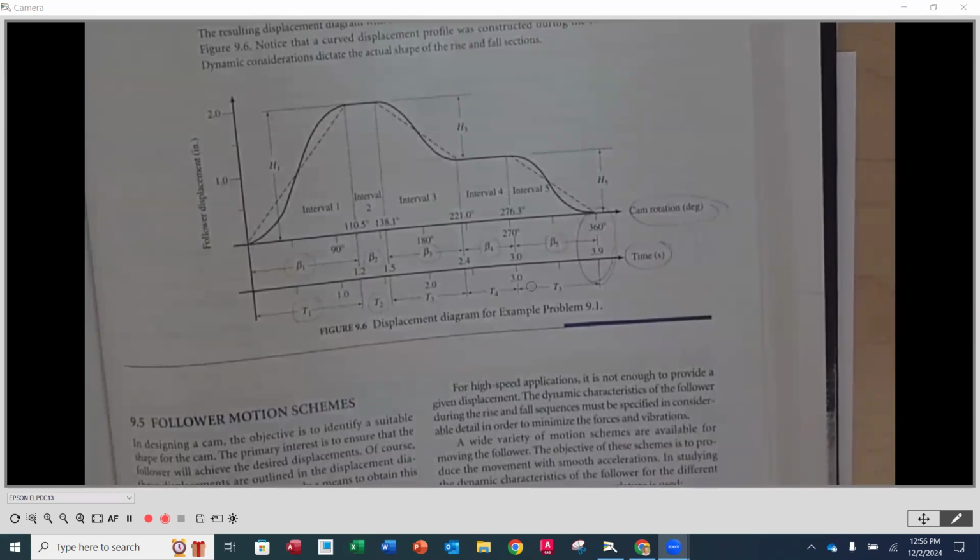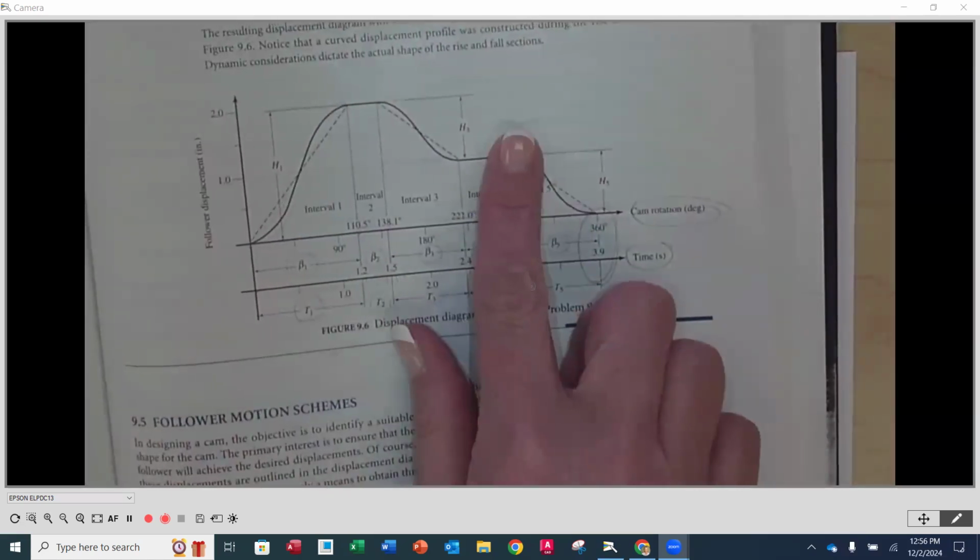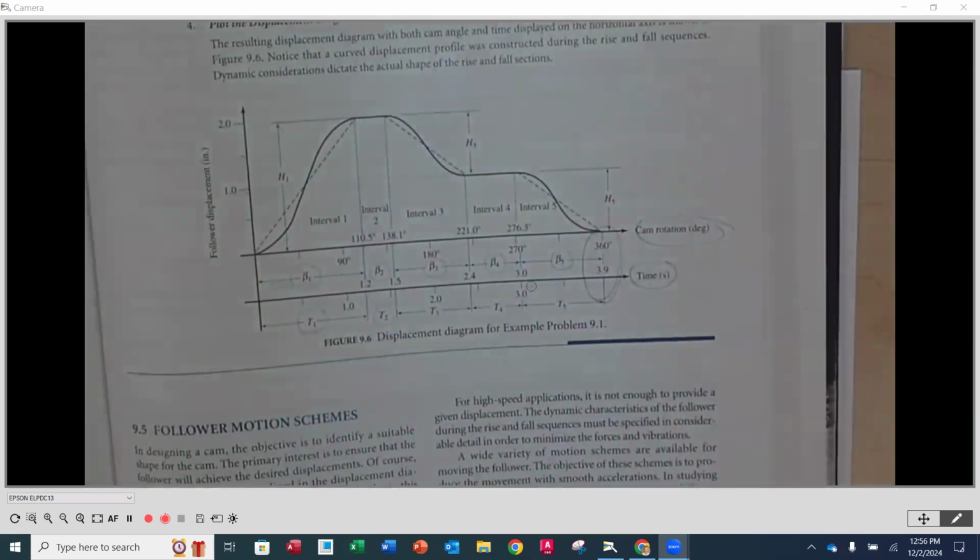These are the types of things that, especially when you get out in industry, you're not going to have somebody showing you how to do all the steps all the time. You're going to have to look at it, and I know with the CAD skills that you have, you'll be fine. I'll give you some hints along the way, but I'm not going to be drawing this out in AutoCAD this time. You're going to basically be seeing what you see here and then translating it over.